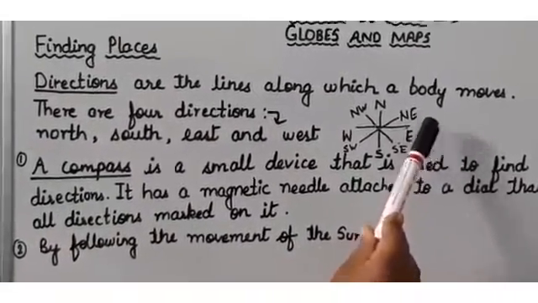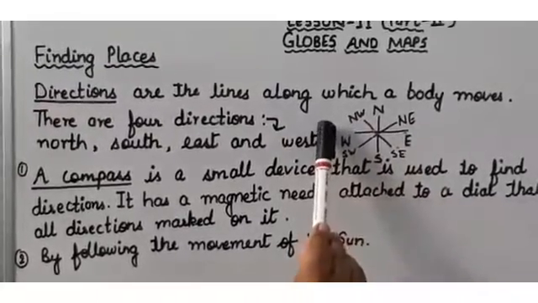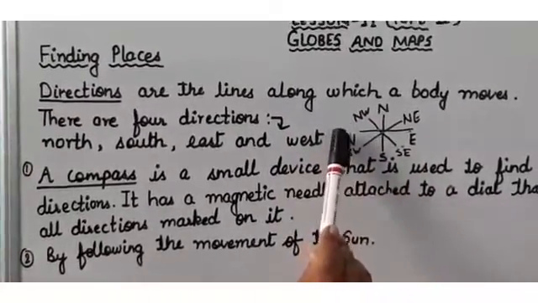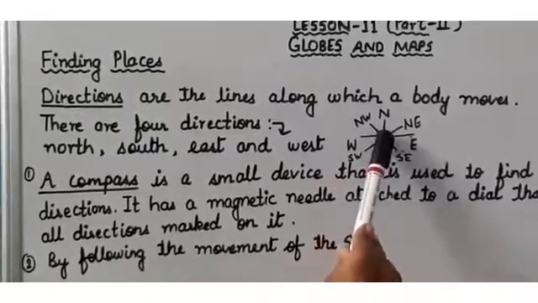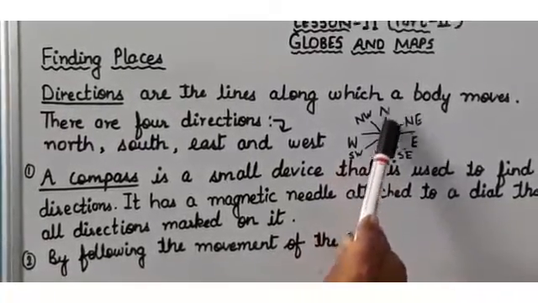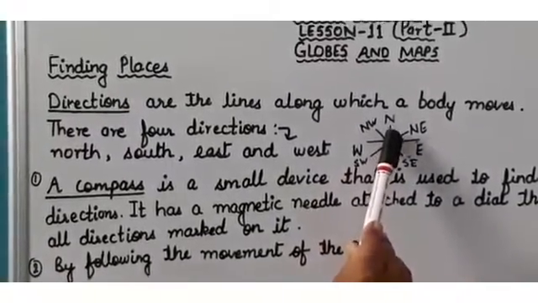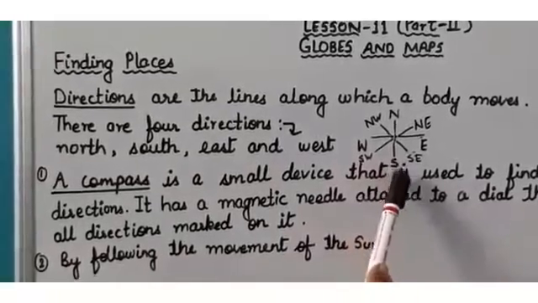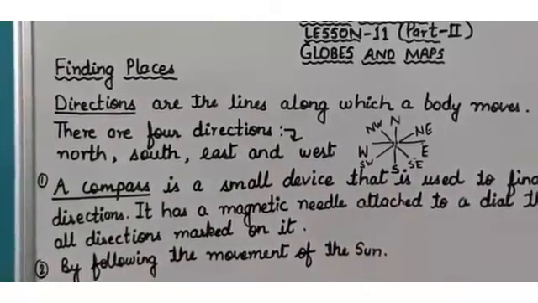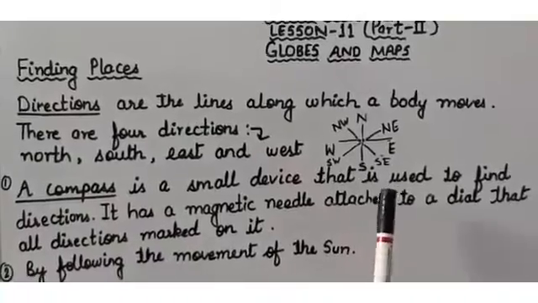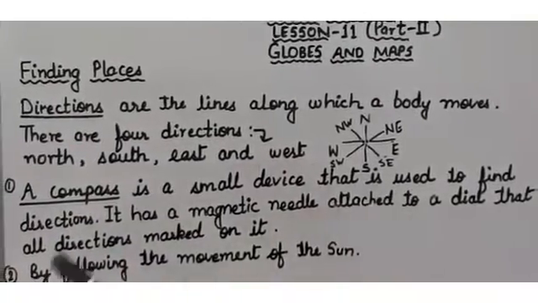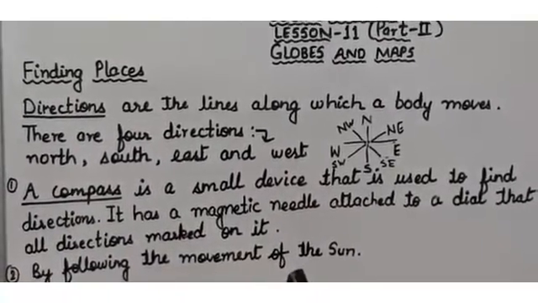And behind you, this direction will be west. And to your left, there will be north and towards your right will be south. So this is also a way to find the directions by following the movement of the sun.